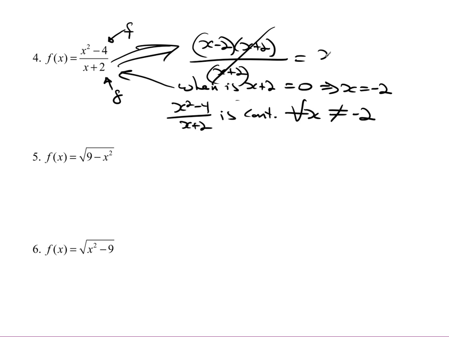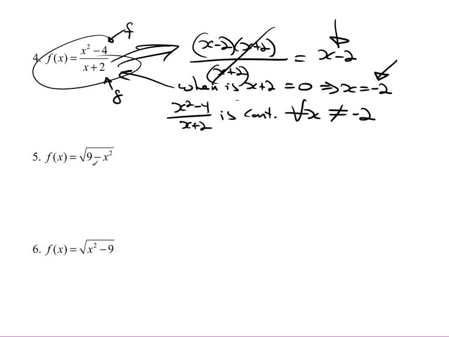These cancel out, and I get x minus 2. So this function looks just like x minus 2 everywhere except when x is equal to negative 2. At that point, it's discontinuous. So I know that I actually have a point of discontinuity, because whenever I factor a rational function, any factor in the denominator that would create a 0 in the denominator, if that's canceled out, will give me a hole.